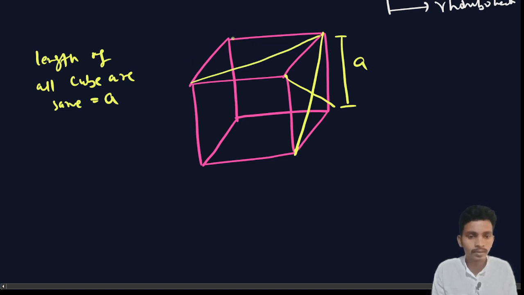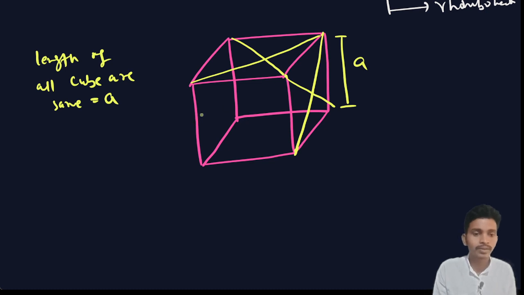How many such diagonals are there? Each face has a pair of two diagonals, and there are 6 faces, so 12 face diagonals are present.